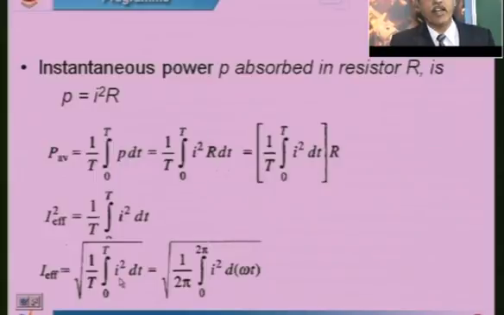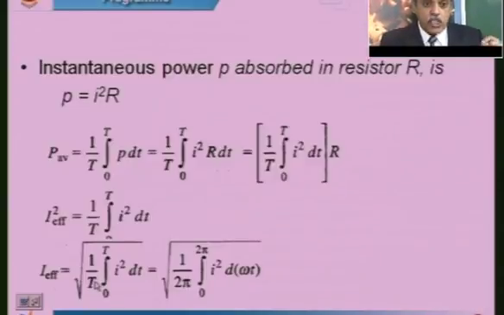First I need to square the current, then I need to calculate the average value of the squared current, then I should take the square root of that average value. So all this process, squaring, taking the average, that is mean, and finding the square root, will give you the root mean square value. So the effective value is basically the RMS value, or the root mean square value, of an AC current.